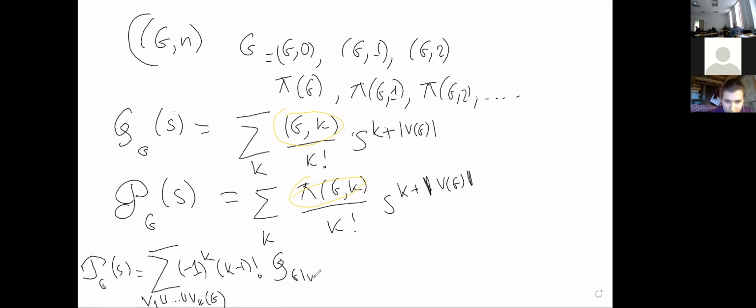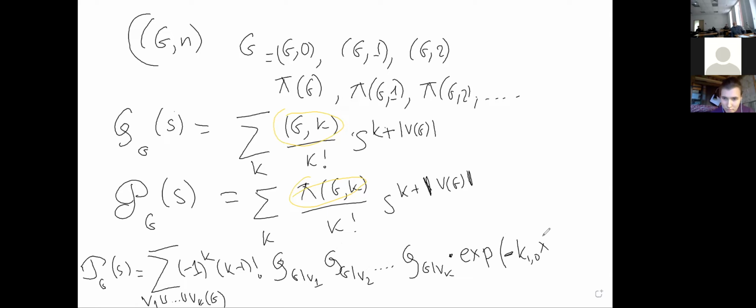G restrict to V1, G of G restrict to V2, and so on, G of G restrict to VK. And then we should multiply this all together. I will explain what it is.